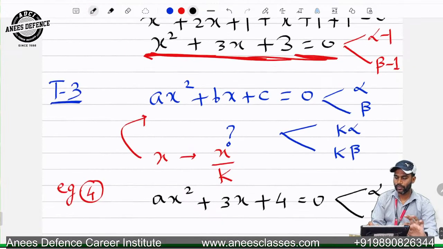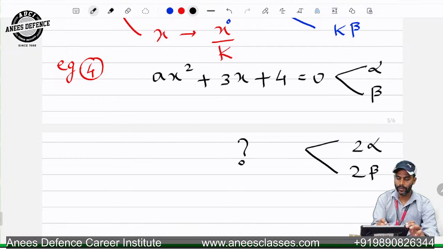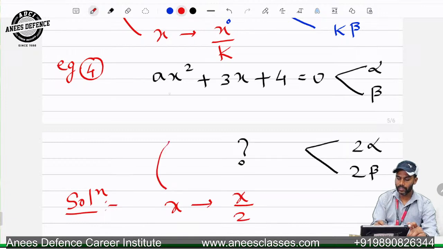And we have to find out the equation of which roots are 2 alpha and 2 beta. So what we have to do? We have to replace x by x by 2 in the given equation.